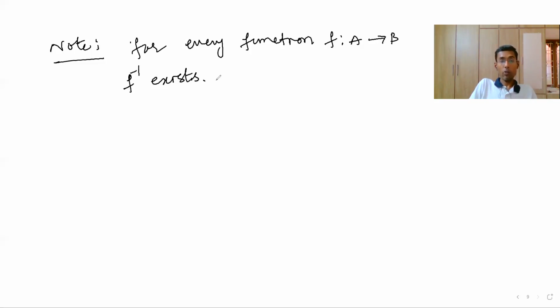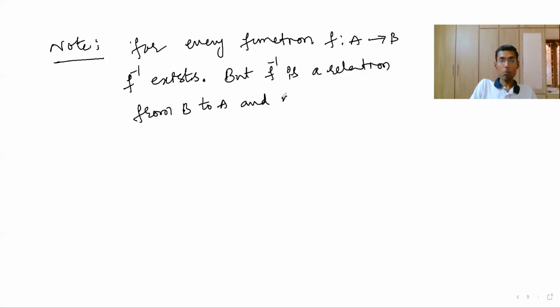For every function f that maps A to B, f inverse exists. But f inverse is a relation from B to A, and yes, it may not be a function.